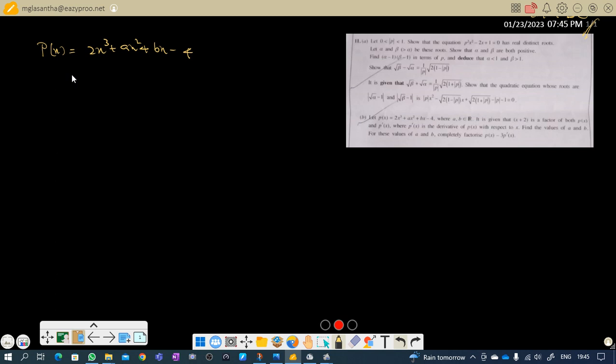Right? Factor of P(x). Since x plus 2 is a factor, P(-2) equals 0. If you substitute -2, then 2 into (-2) cubed plus a into (-2) squared plus b into (-2) minus 4 equals 0, right?